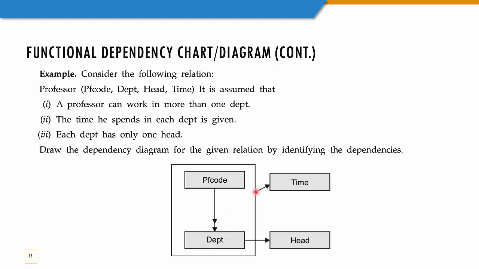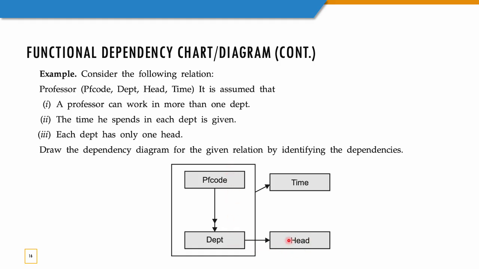That's why the arrow is connected to the rectangle, not to one of its attributes. The time depends on both, how long each professor spent working in each department, so the arrow is from the rectangle instead of from each one of the attributes.